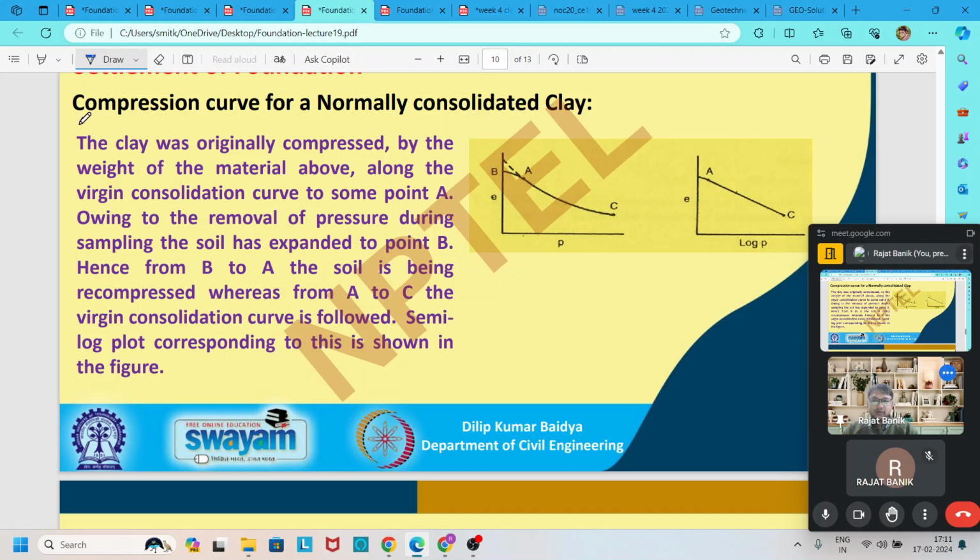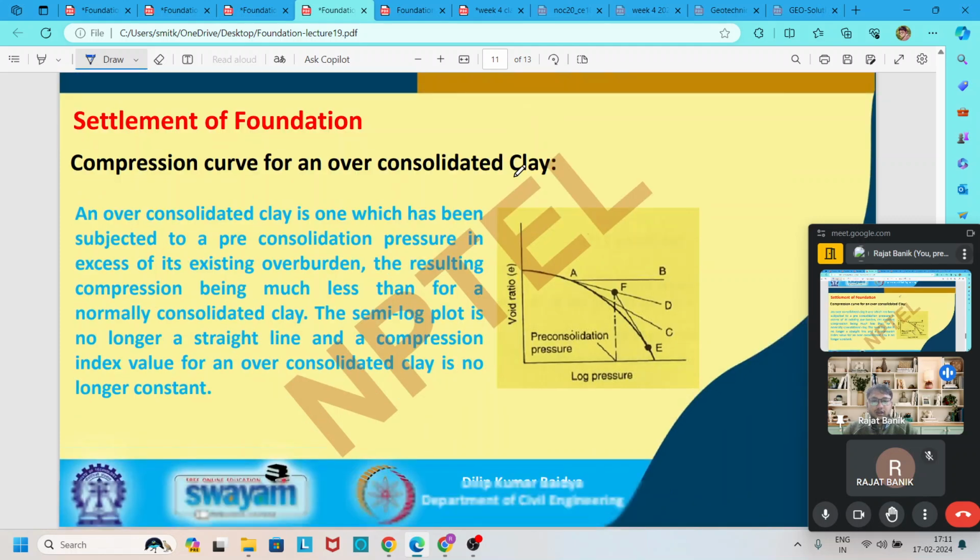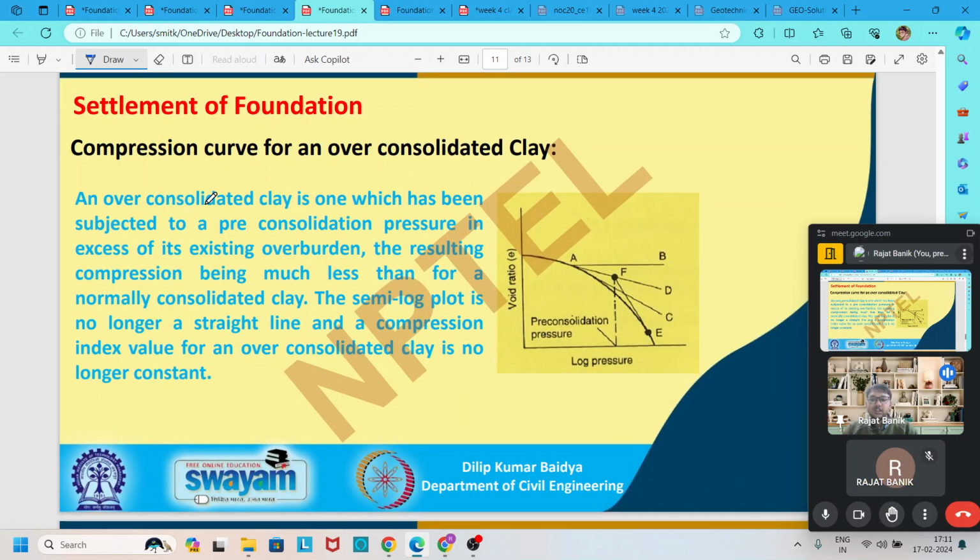So you see here some discussion is given. It is very simple. But the overconsolidated clay is one which has been subjected to a pre-consolidation pressure in excess of its existing overburden pressure, and the resulting compression is much less than for a normally consolidated clay. Also the semi-log plot is no longer a straight line, and the compression index value for overconsolidated clay is no longer constant.